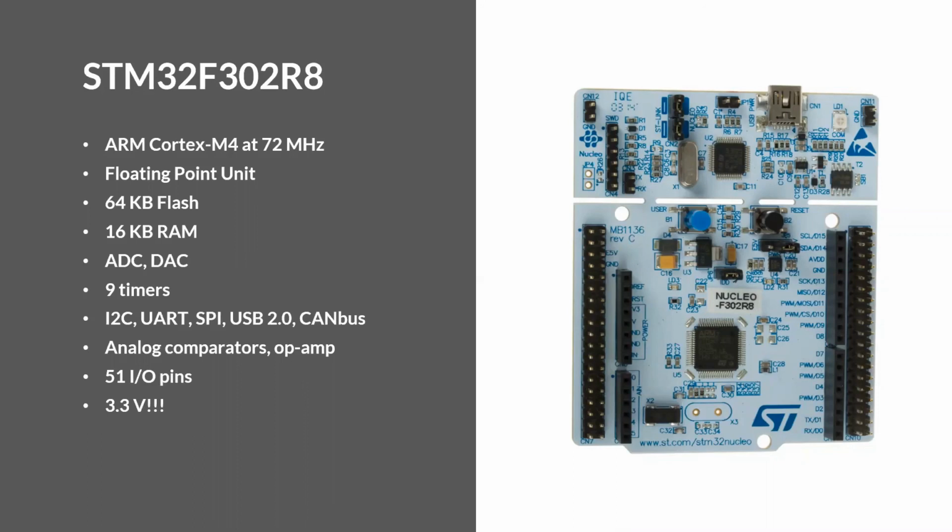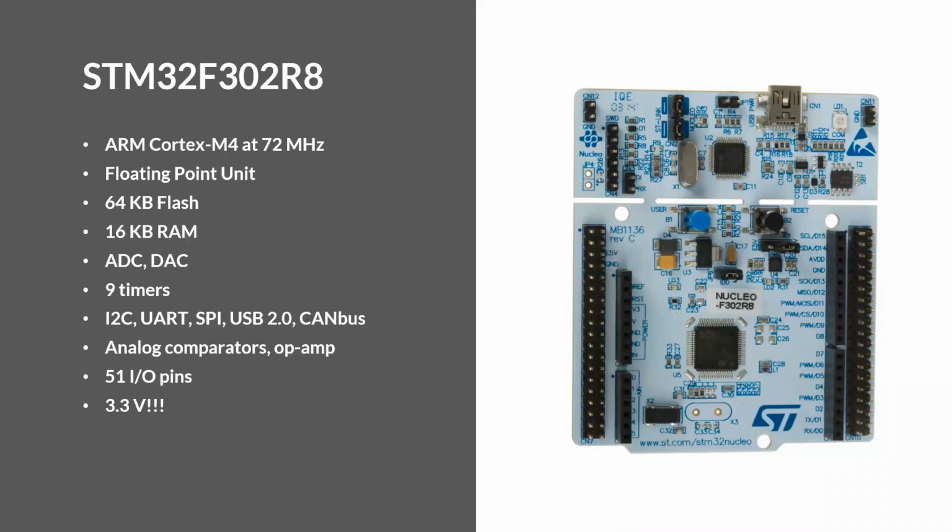It's got quite a lot of performance, more than we would probably need in what we're doing. It's got an ARM Cortex M4, which is the actual processor, running at 72 megahertz. That is about 3 times the speed of the smaller microcontroller that we looked at earlier in the block diagram. And it also has a lot more features than that.